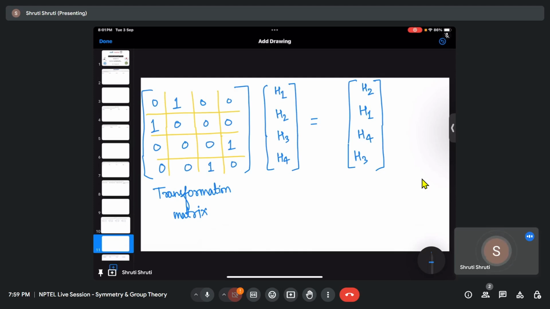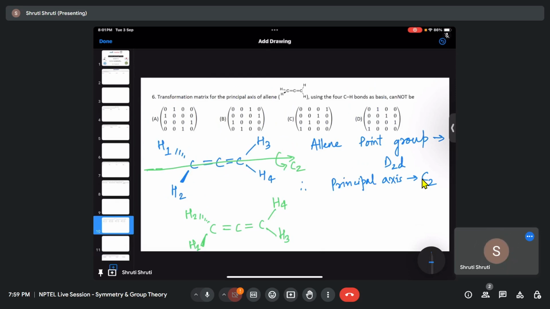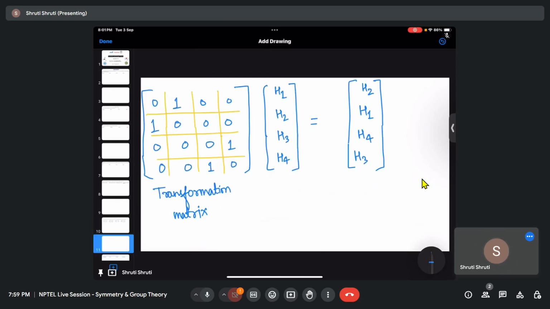Now this matrix is given in option A. So A is possible.